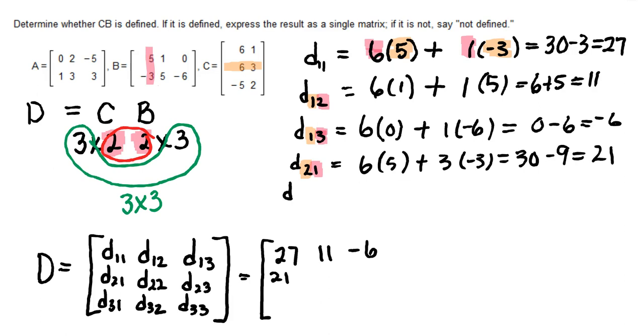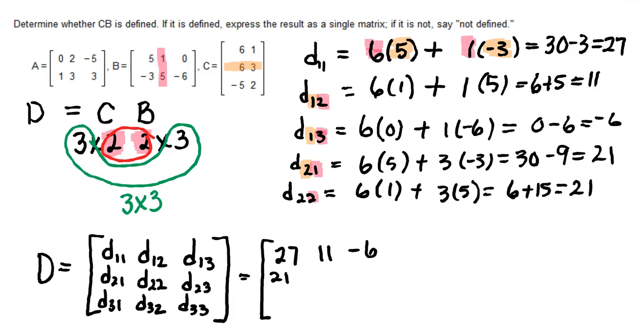Then we'll do D22. So I'm still using row 2, but now I've switched to column 2. So let's switch this to column 2. We're going to do 6 times 1 plus 3 times 5. 6 plus 15, which is 21.